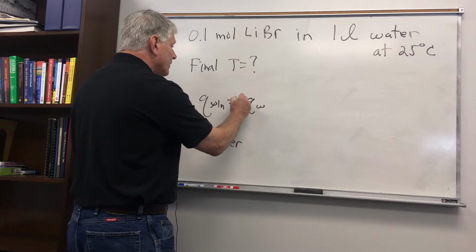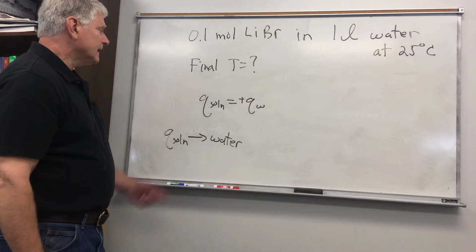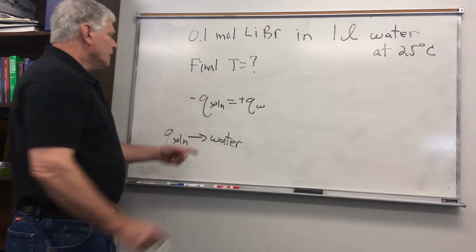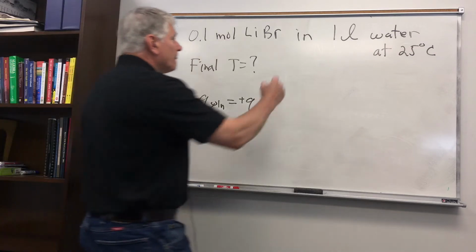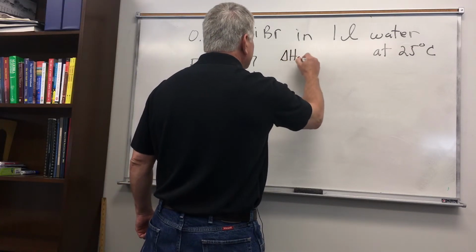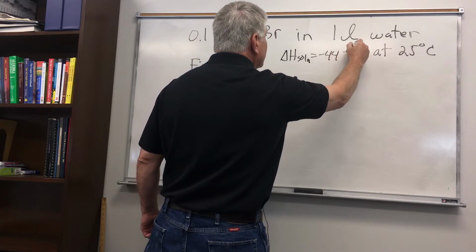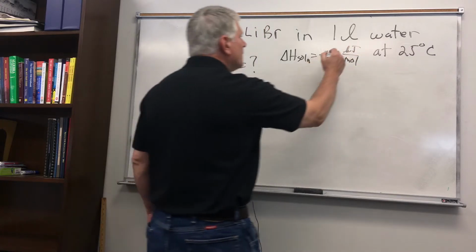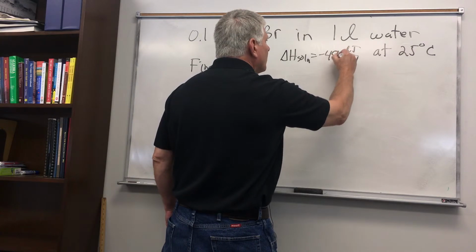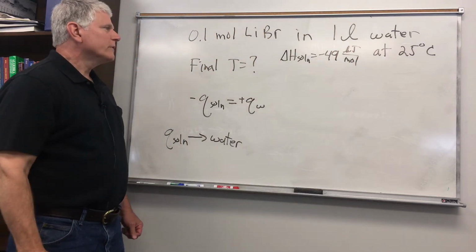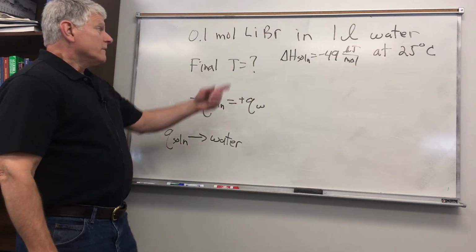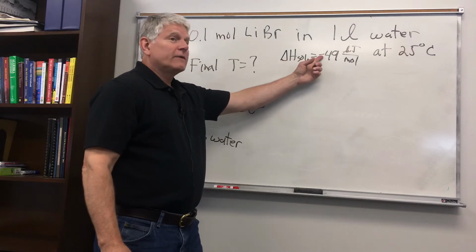Now water is going to gain the heat because delta H solution is equal to negative 49 kilojoules per mole. So this is negative, exothermic.